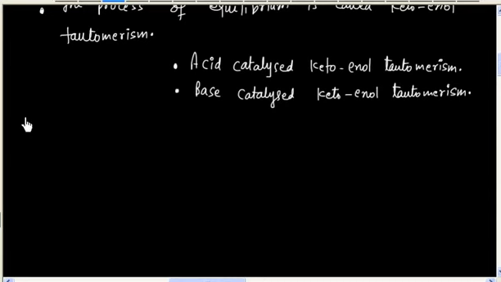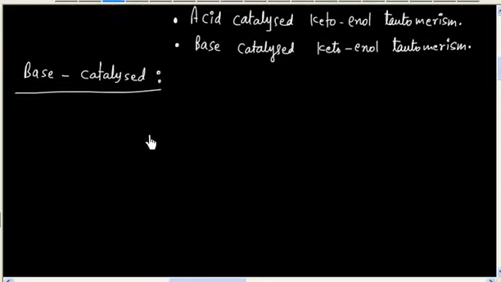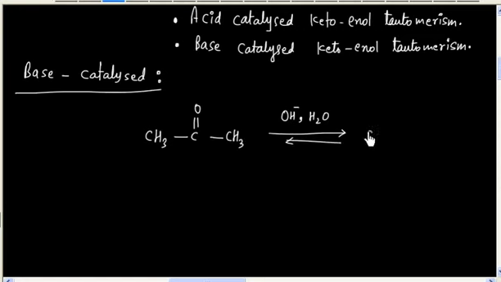Let us discuss base catalyzed keto-enol tautomerism. So if I have keto form and this is treated with base in aqueous medium, we will have enol form. So this is keto form and this is enol form.